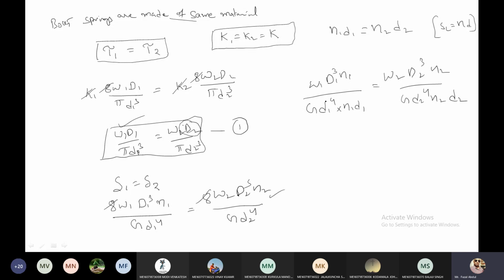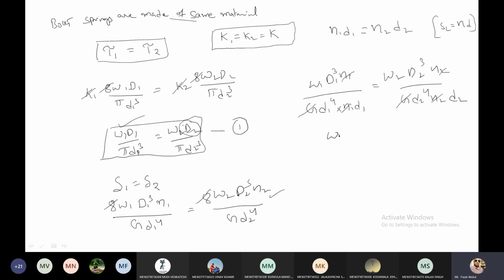Because we assumed at the beginning that both are the same material, G and G both get cancelled, and N1 and N2 as well.